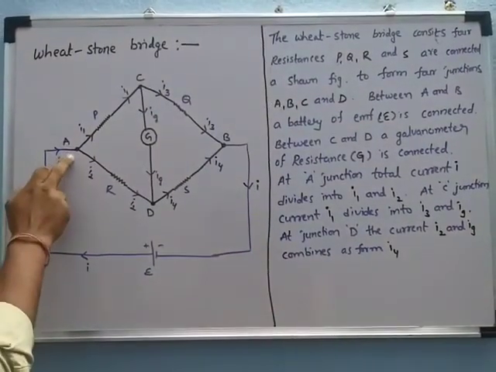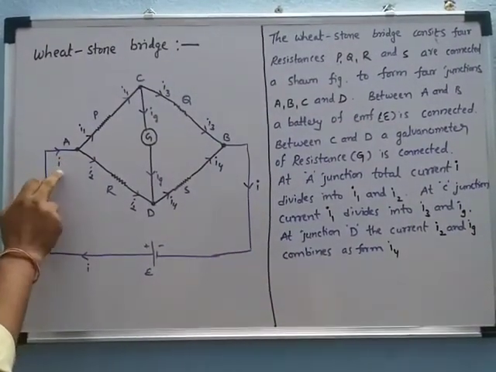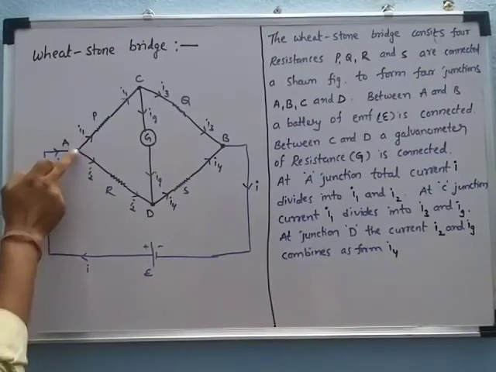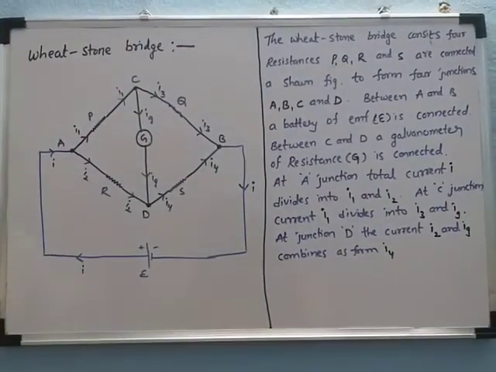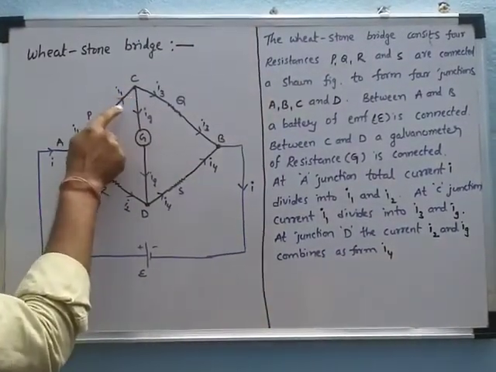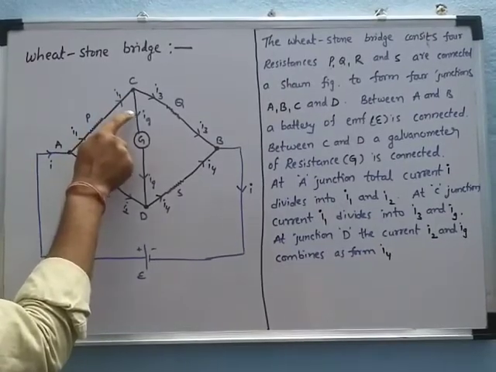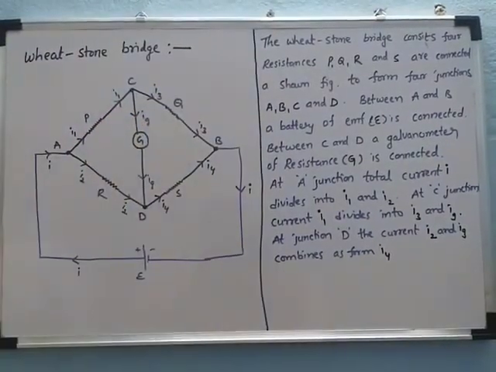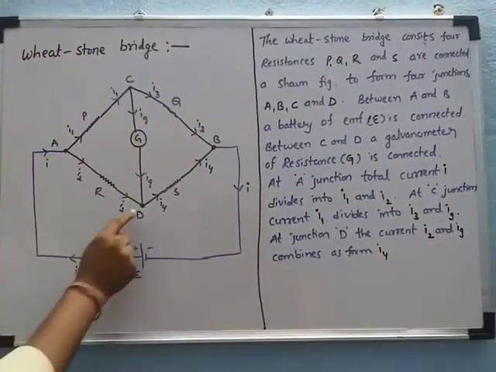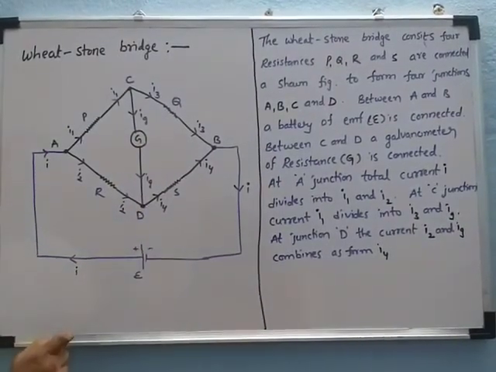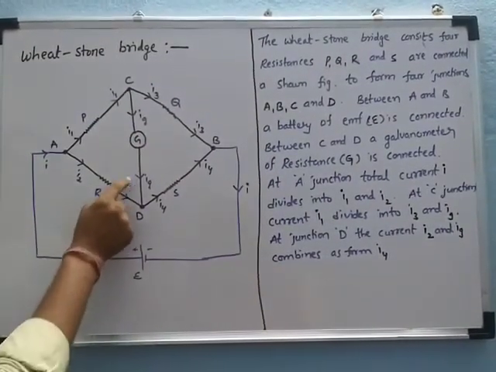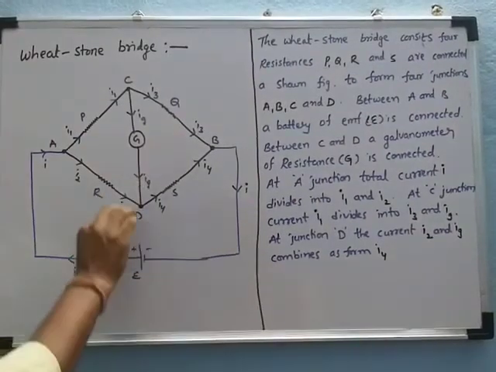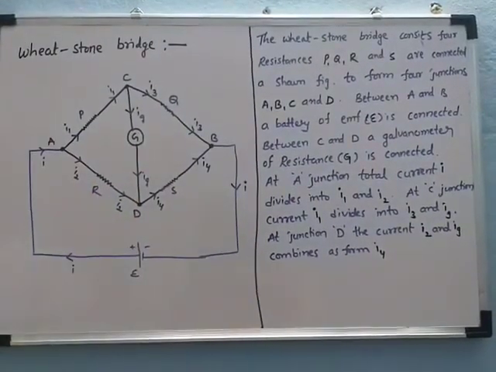At junction A, the total current I is divided into I1 and I2. At junction C, the current I1 divides into I3 and Ig. At junction D, the currents I2 and Ig combine to form I4.